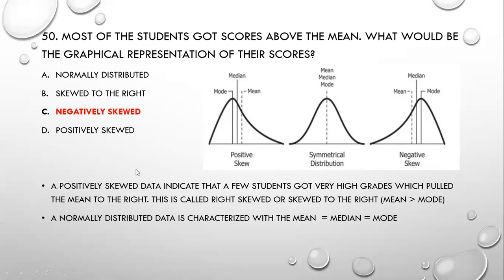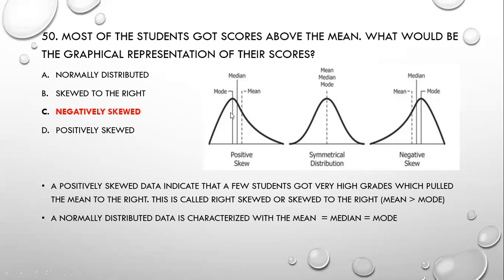In other instances, positively skewed data indicate that a few students get very high grades, which pull the mean to the right. This is called a right-skewed, or skewed to the right, data distribution. Here, the mean is greater than the mode.